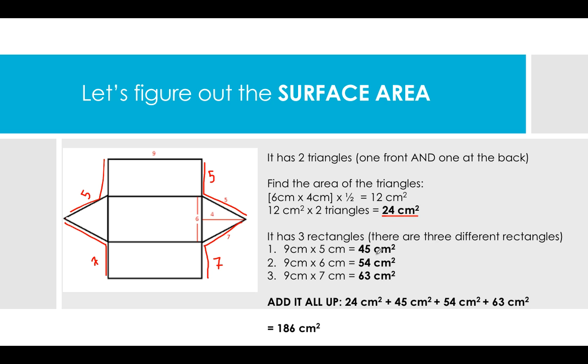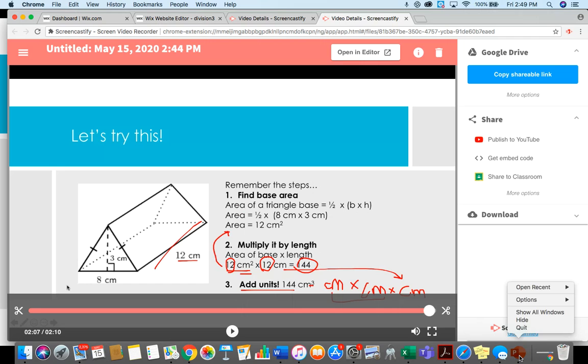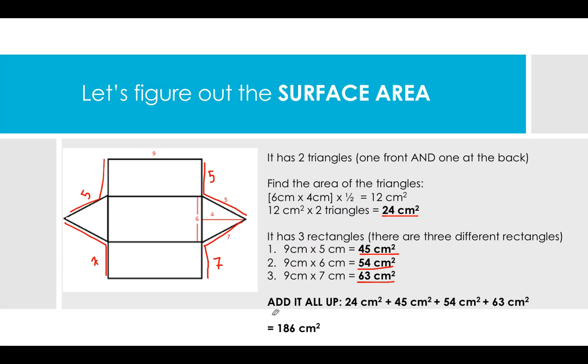I go 24 centimeters squared plus 45 centimeters squared plus 54 centimeters squared plus 63 centimeters squared. And you get a total of 186 centimeters squared.